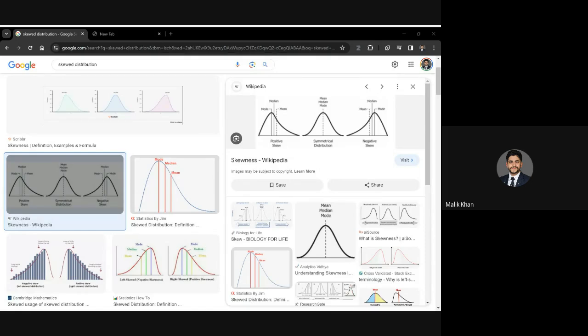But the interesting thing is that for an ordinal variable of the qualitative data type, you can report the median, and you can say this is the median for this data.